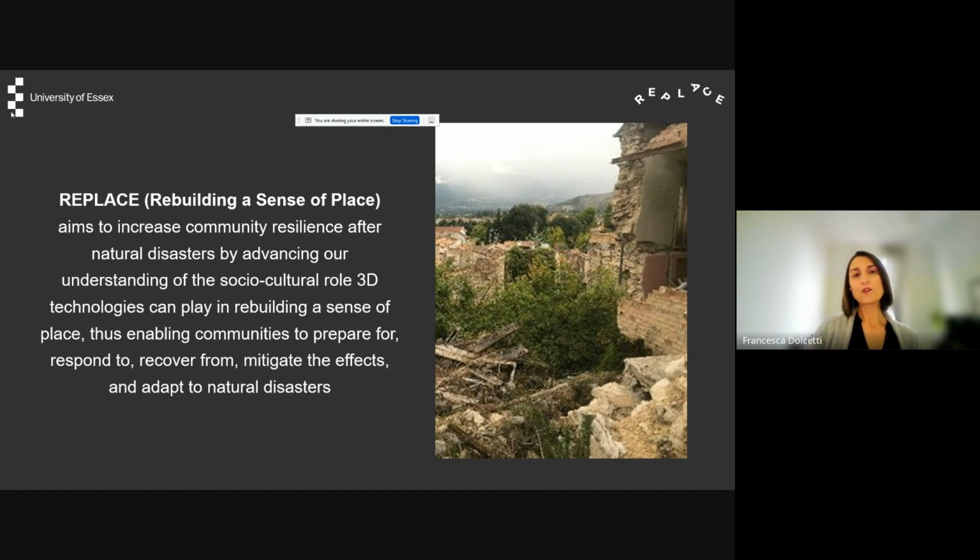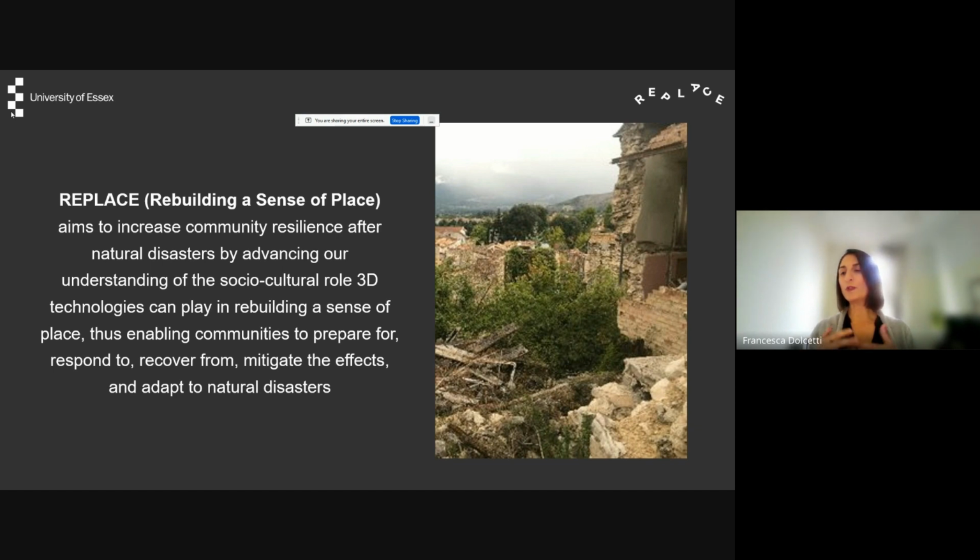Replace, which stands for Rebuilding a Sense of Place, is a United Kingdom Research and Innovation Future Leader Fellowships project, which basically aims to bolster community resilience in the aftermath of natural catastrophes by deepening our comprehension of the social and cultural significance of 3D technologies in reconstructing a sense of place.